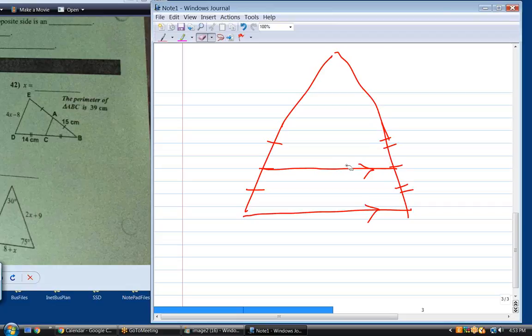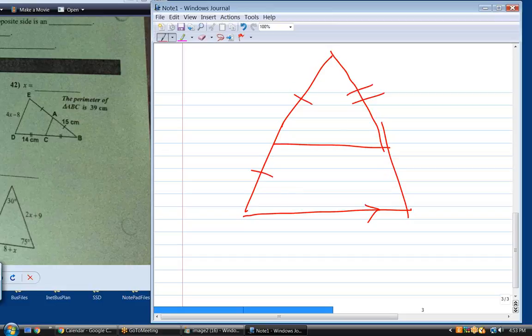In other words, the definition, the thing that makes it a midsegment, also guarantees parallelness. As long as that line splits that side and splits this side, then it is parallel to the base. And because it's parallel to the base, now this triangle is similar to that triangle.